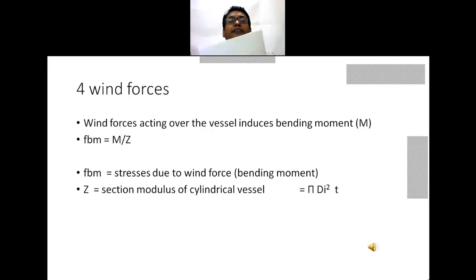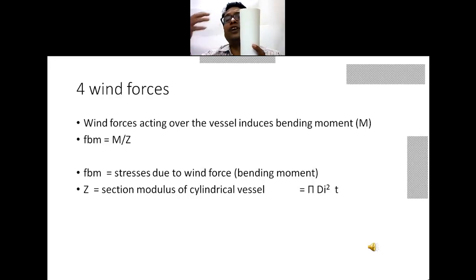Then there are different wind forces which will be acting in addition to that. If the vessel is situated outside the building, we have to consider the wind load that will be acting on the vessel.